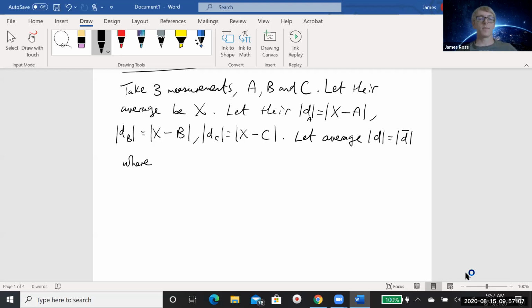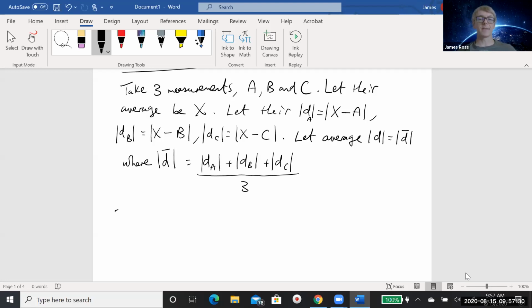Where the average absolute deviation is going to be the absolute deviation of A plus the absolute deviation of B plus the absolute deviation of C, in this case divided by 3. So just the mean.